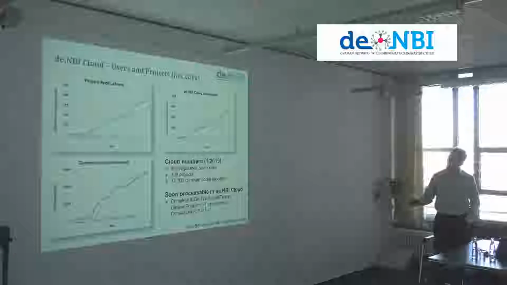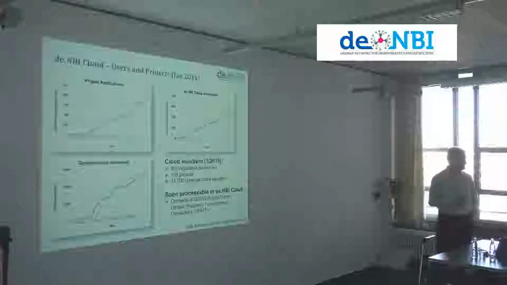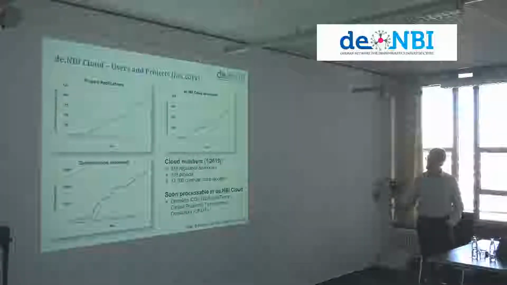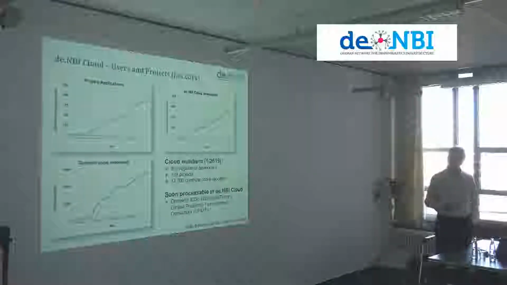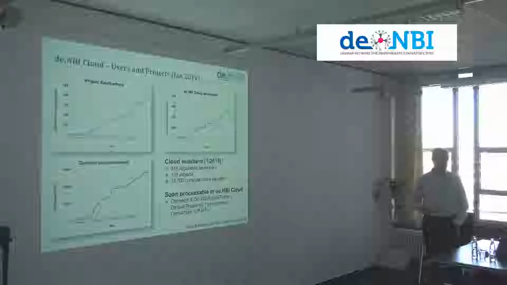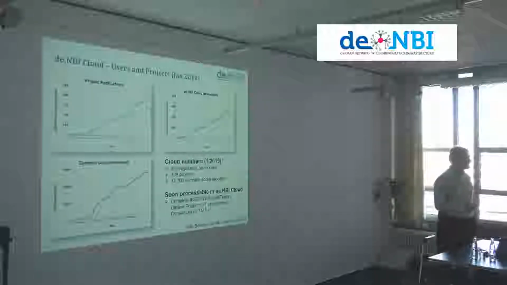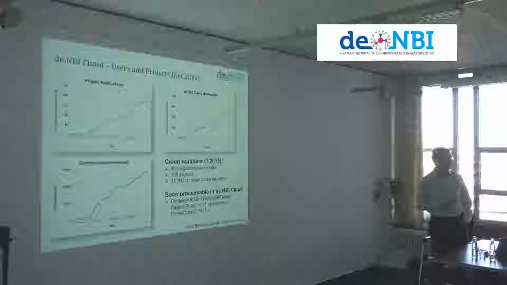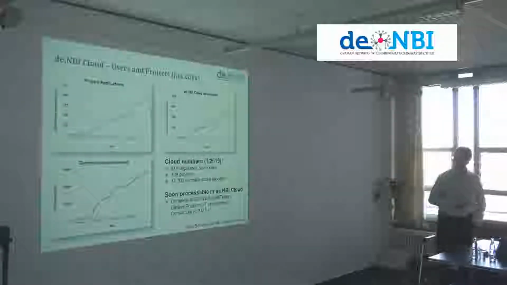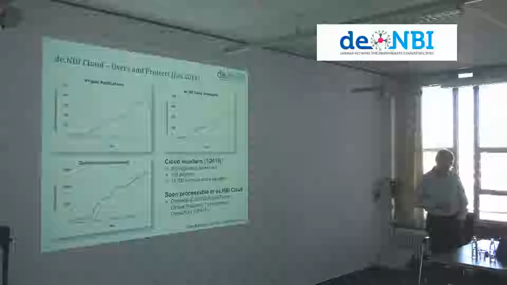What we are planning are large mirrors of huge data sets. So for instance, the ICGC mirror is a mirror of cancer data, which is, I think, about a petabyte of data, which will be installed in at least 1 or 2 of these centers, so that people have direct access to these large data sets.